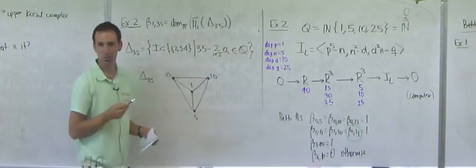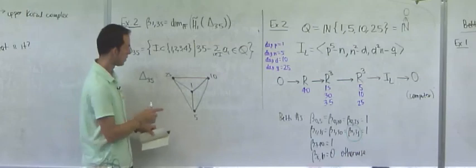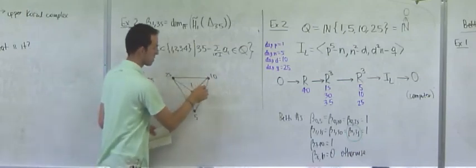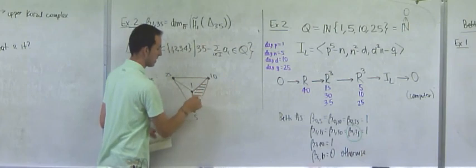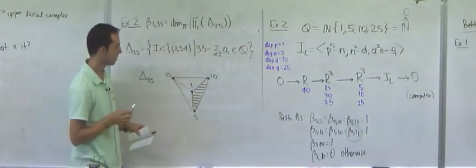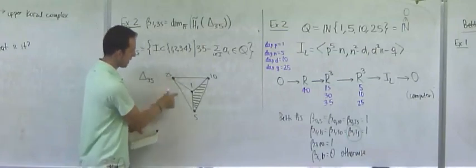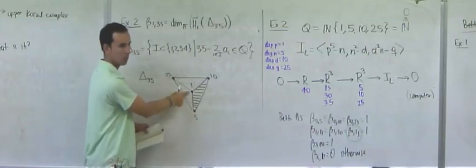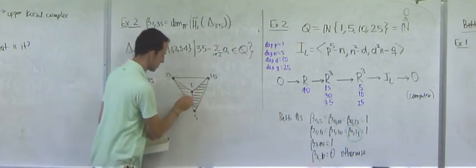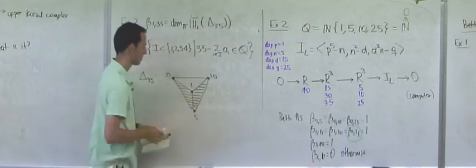Now let's see what triangles I need to fill in. So for example, triangle 1, 5, 10. I should fill in because I can subtract 1, 5, and 10, and I still land in Q. Okay. I can also subtract 25, 5, and 1 from 35, and I get 4, so that's a natural number, so this guy is also in my simplicial complex.